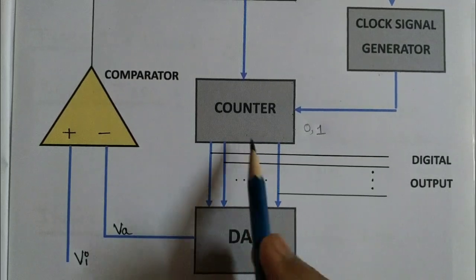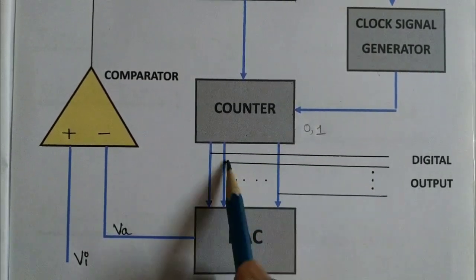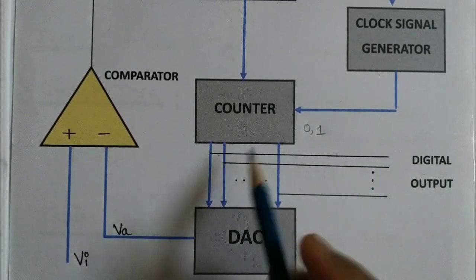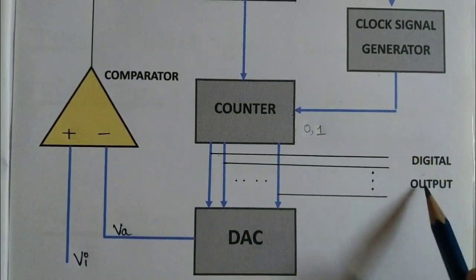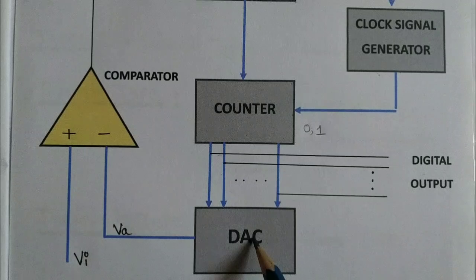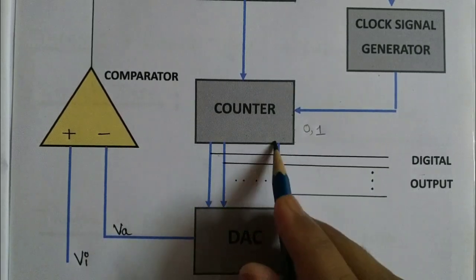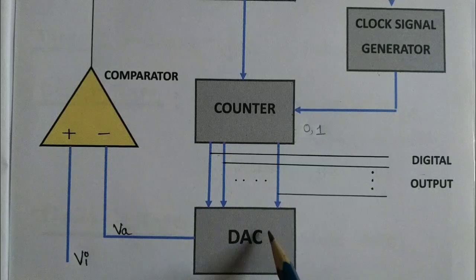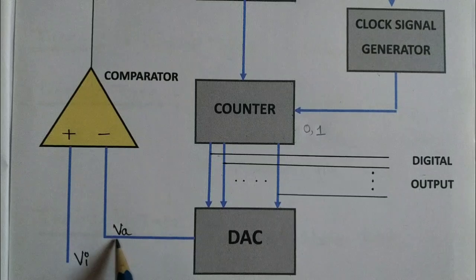Here you can see that the counter produces digital output which is also connected to the display just like a tapping, and the digital output is also fed back to the DAC. This DAC receives the digital output from the counter, and converts all those digital signals into analog signal, and this is known as VA.